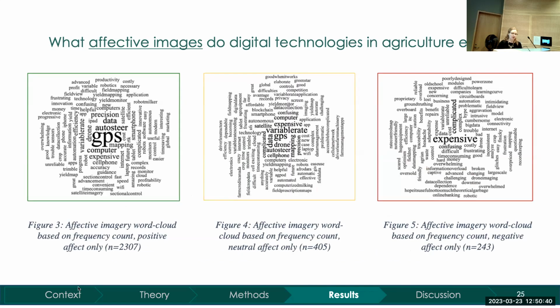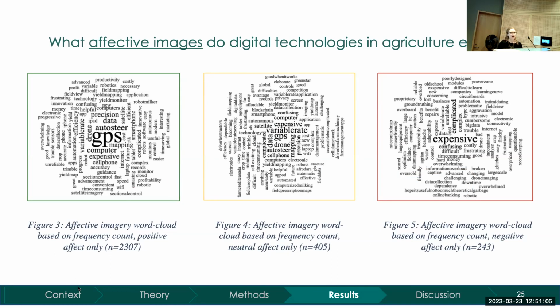If we separate out the affects labeled by respondents, you can see that there are some differences in what words are most frequently entered. And so in the positive with the green, the neutral with the yellow, the most frequently entered words are nouns, descriptors of what these technologies are. So the biggest one in positive is GPS, followed by auto steer, and so on. In neutral, similar thing.